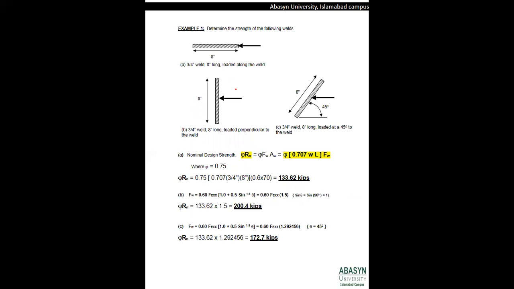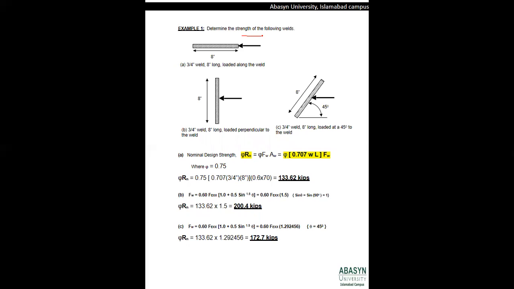Now let's have a quick two to three examples to understand the design of welded connections. For the first figure, we are given three different figures A, B, and C, and we are required to find the strength of the weld. It is basically the type of question in which we carry out the analysis part.